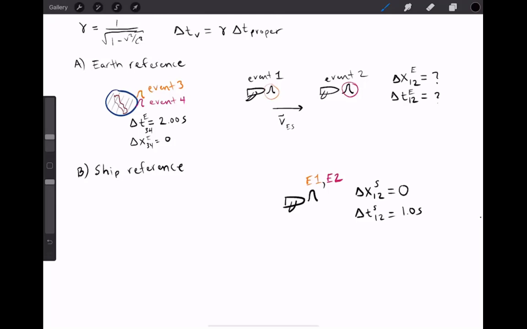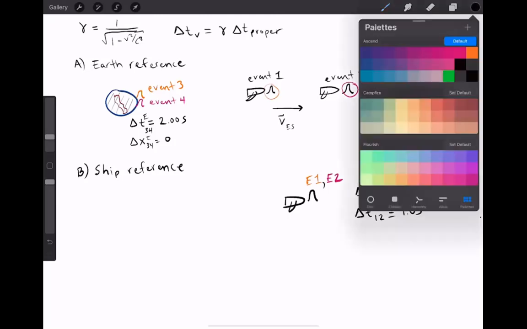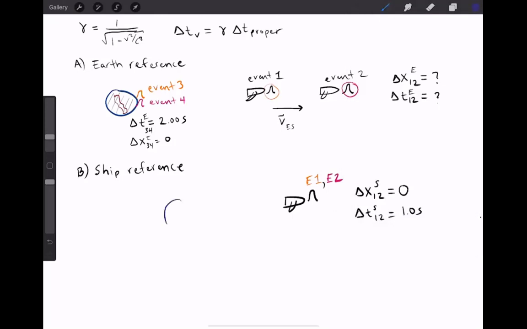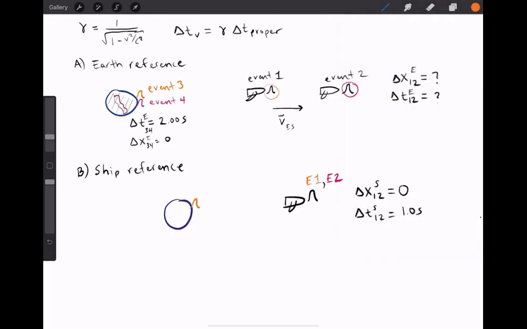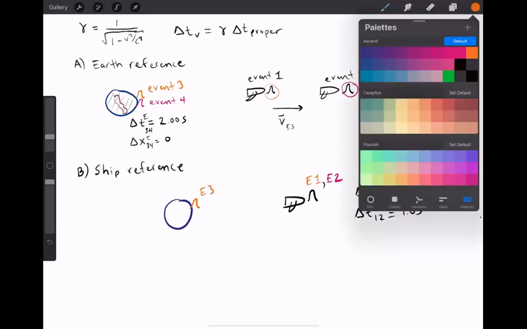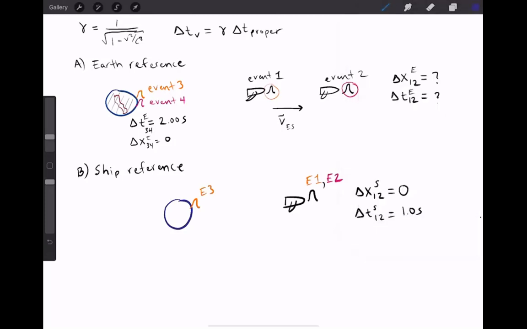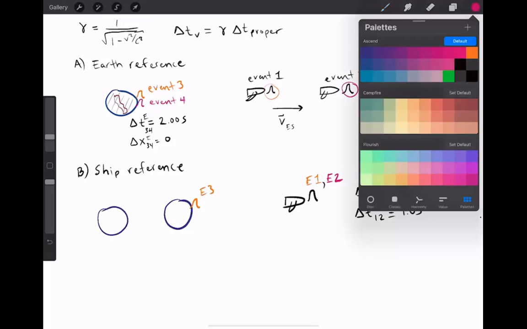And then if we look at the Earth, the idea is that the Earth was right here when event 3 happened, and then it was over here when event 4 happened.